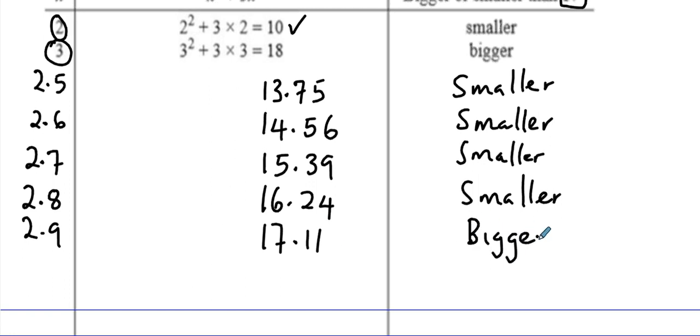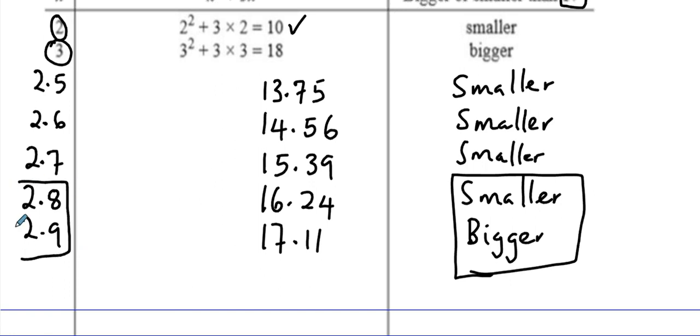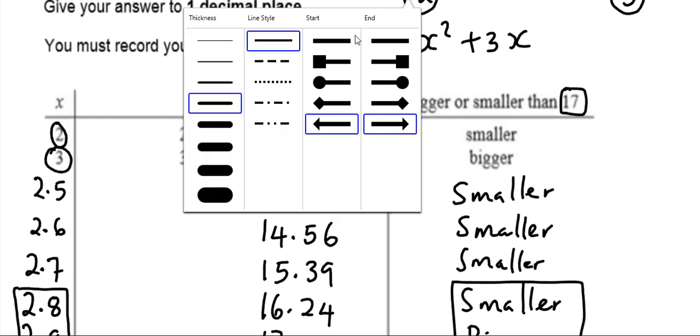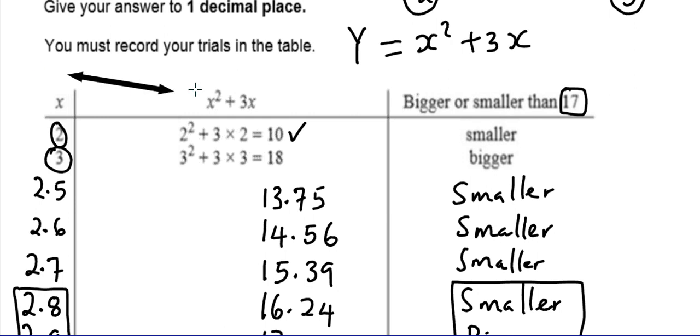So now, can you see this? Smaller than the expected and bigger than expected. That suggests that the solution will be between 2.8 and 2.9. So we have got another interval, between 2.8 and 2.9. Let us figure out the numbers between 2.8 and 2.9.